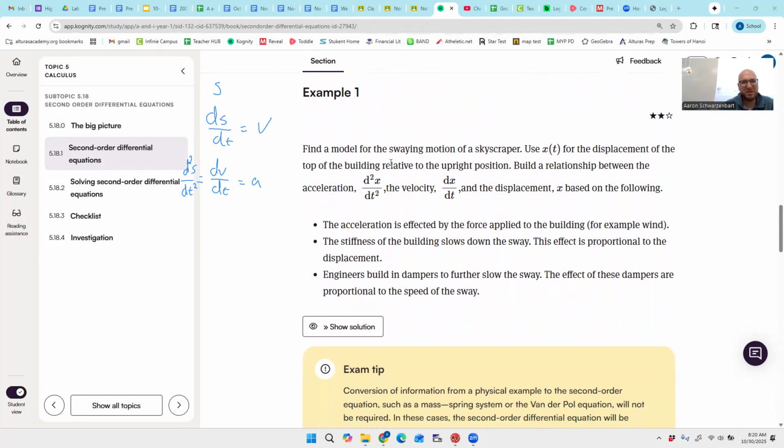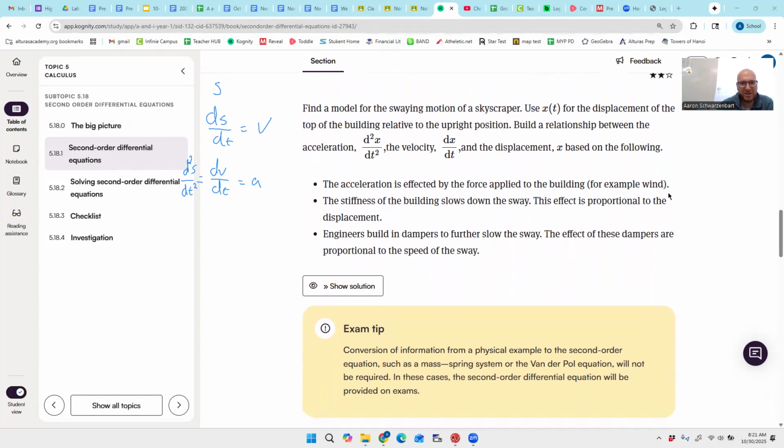So find a model of a swaying skyscraper. We're going to talk about how to do this. This is how to write a base version of a differential equation. These are the things that are affecting it. Use x of t for the displacement of the top of the building relative to the upright position. Build a relationship between the acceleration, the velocity, and the displacement based on the following.